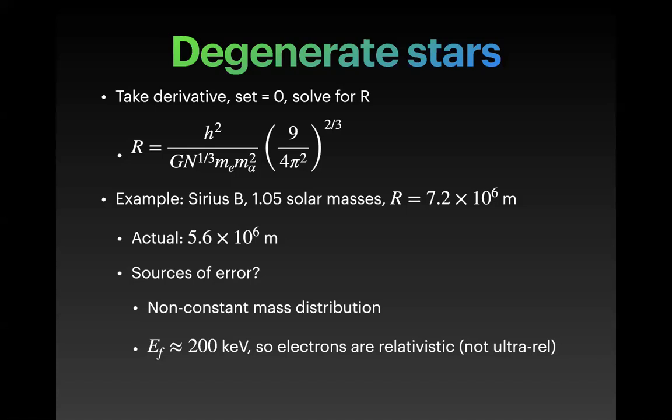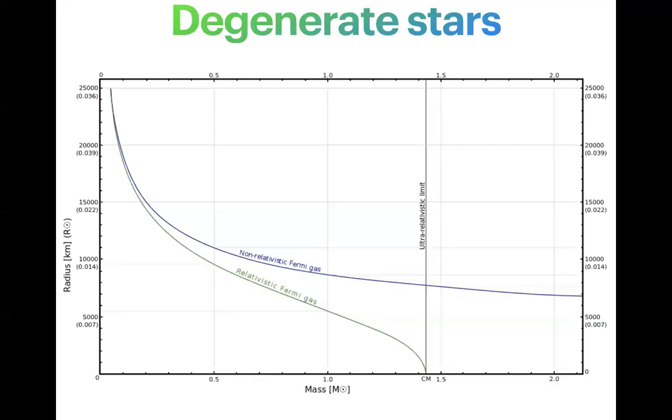Now that correction becomes important, and it actually tells us a lot. Here are the two limits. We could go back, and it actually wouldn't be that hard.